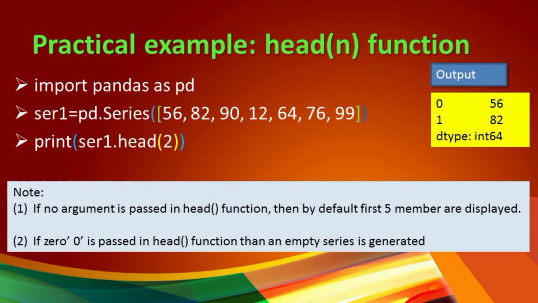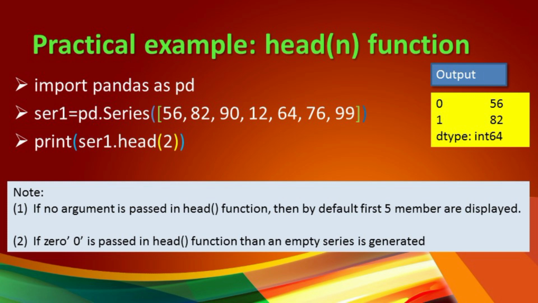As you can see in the output, the default generated index values 0 and 1 are printed. Why? Because we have passed the argument of the head function as 2, so only the starting two elements are printed.